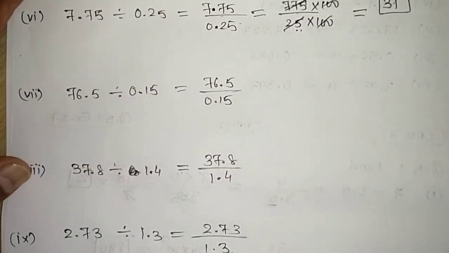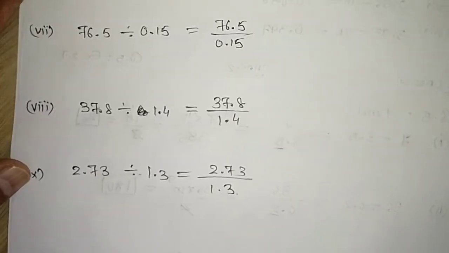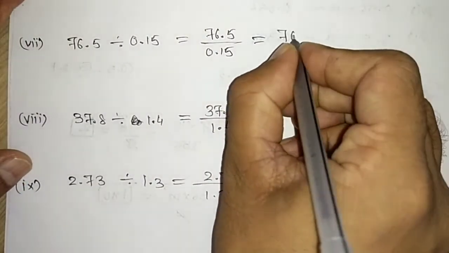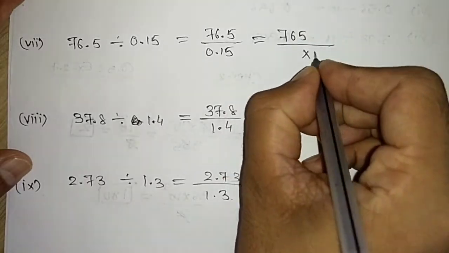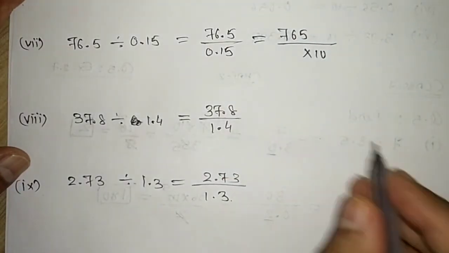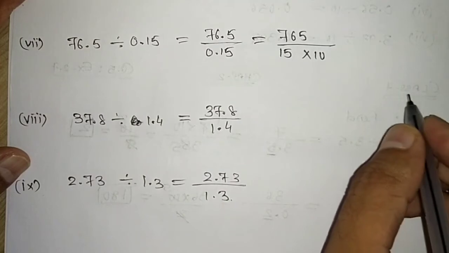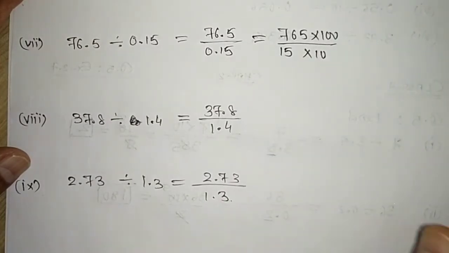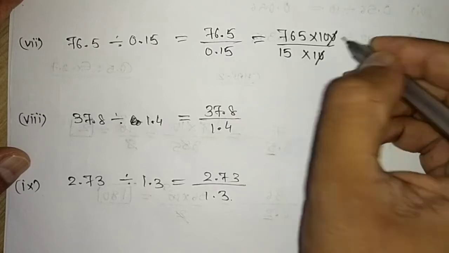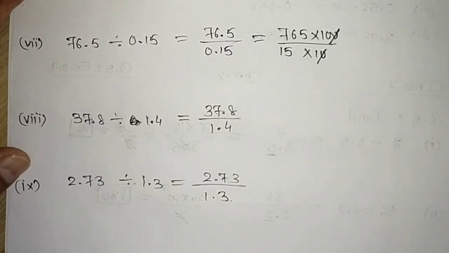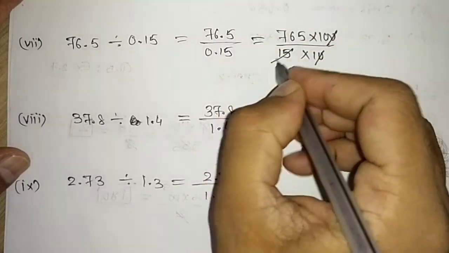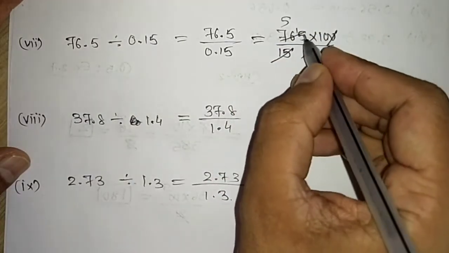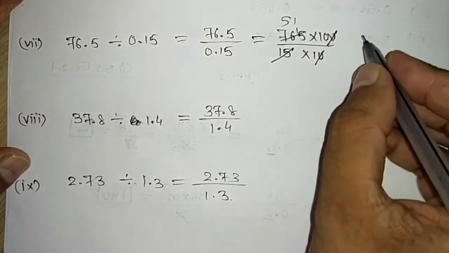Now let us move to the next question, that is 76.5 divided by 0.15. 1 decimal point from above, so we will divide the denominator by 10. 2 decimal places from the denominator, so we will multiply 100 above. 0 from the denominator and 0 from 100 we will cancel out. 15 5s is 75. 1 will be left, so it will become 15. 15 ones are 15.